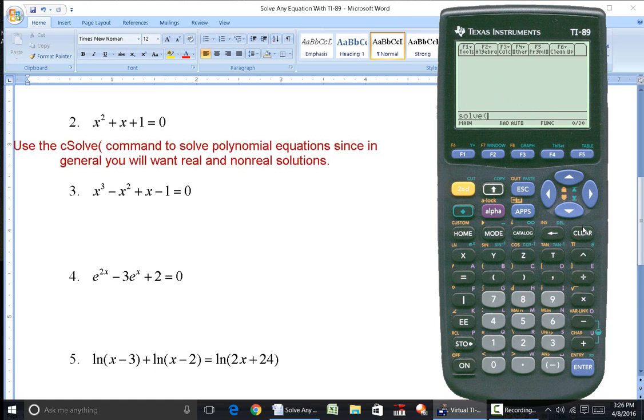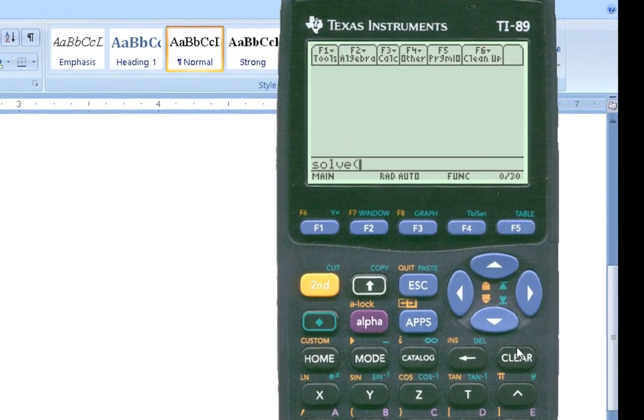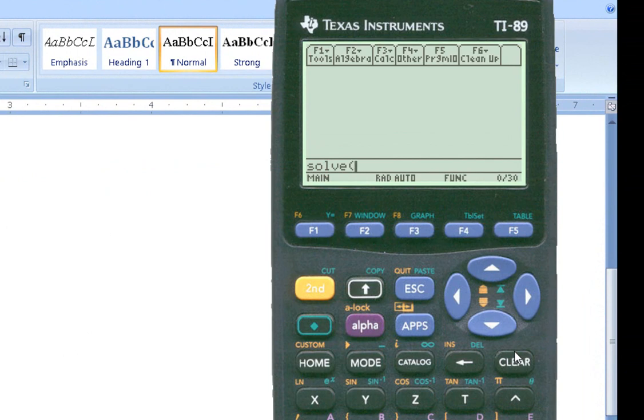For exponential equations, I would suggest you use just a regular solve, because you're going to have some issues with this. So this one, I'm going to enter. Hit the little diamond here, right into the second. Access the exponential, e to the x into the 2x.